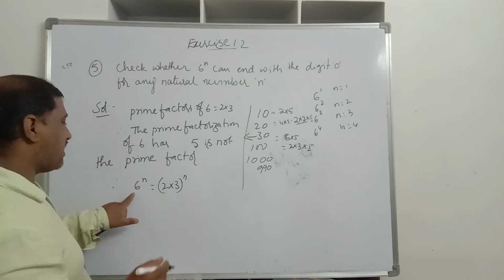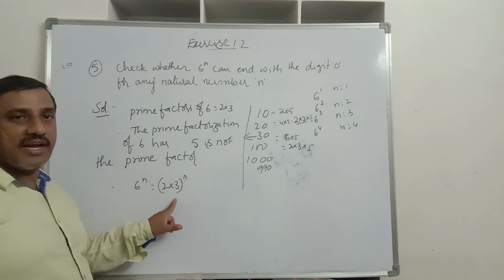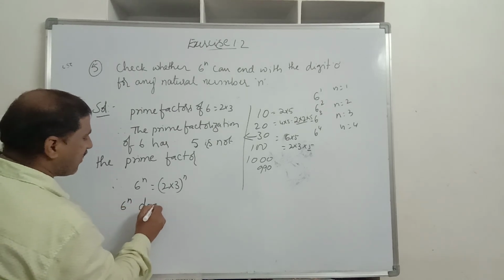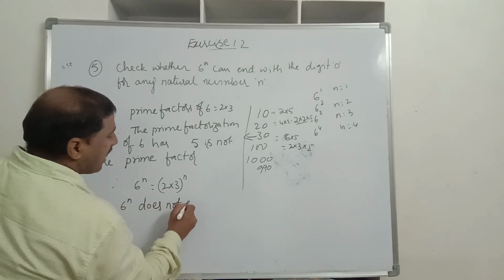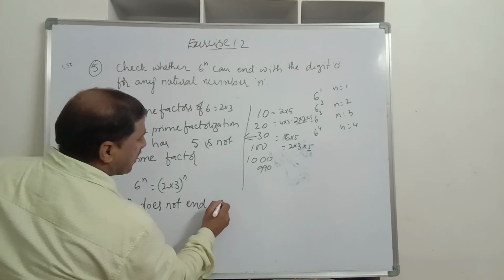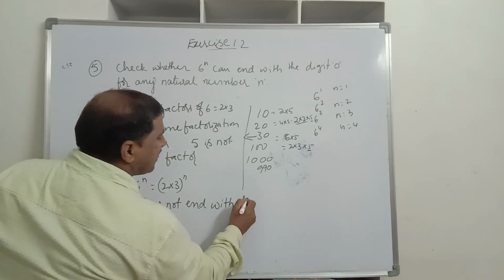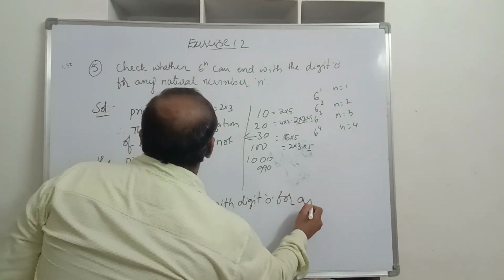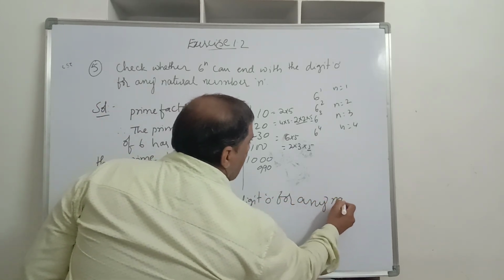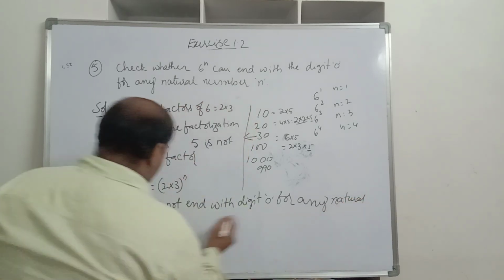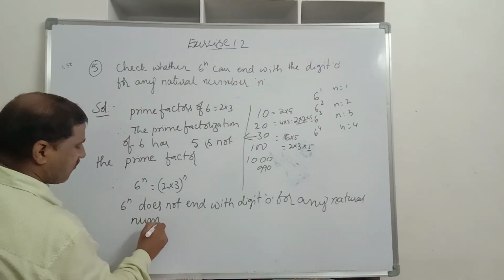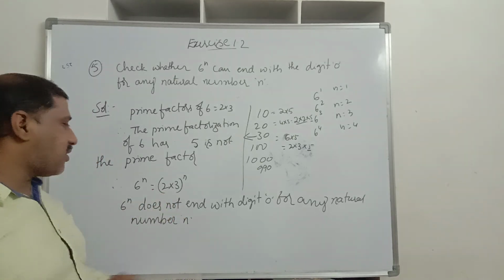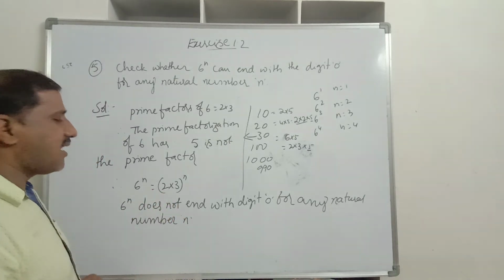Here in the prime factorization of 6 we do not have 5, therefore 6 to the power of n does not end with the digit 0 for any natural number n.